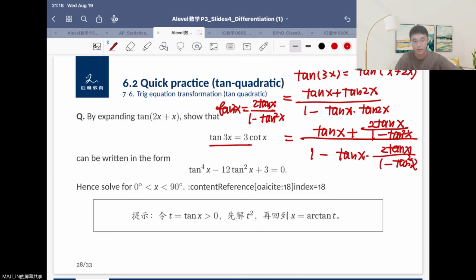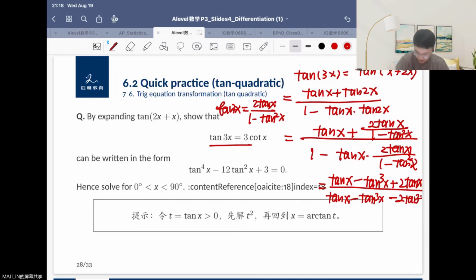For this problem, you can multiply both the numerator and denominator by 1 minus tan squared x. So the numerator turns into tan x minus tan cubed x plus 2 tan x, and the denominator turns into 1 minus tan squared x minus 2 tan squared x.